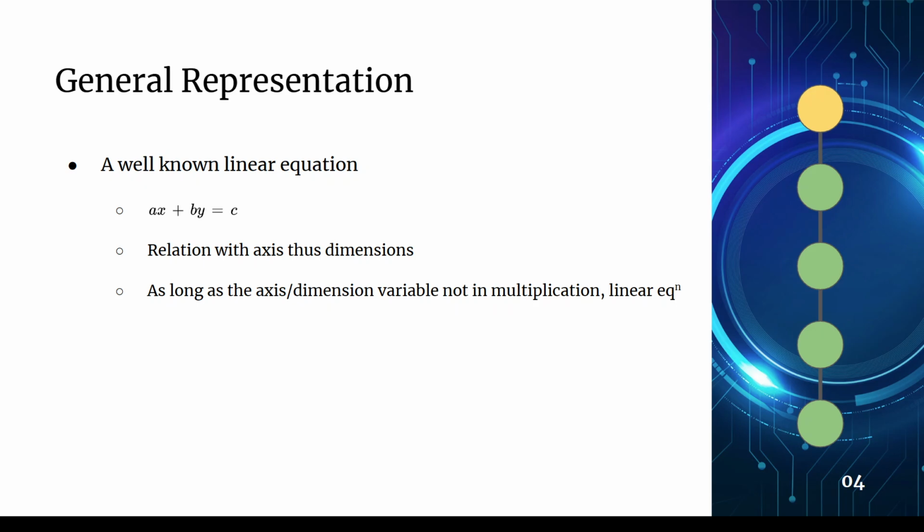So what is actually a linear equation? To be honest, from this equation we can write something like y equals mx plus c format. So if we can write it in y equals mx plus c format, it is actually a straight line equation, that is a linear equation. A linear equation is basically dependent on the dimension that it is presented in.